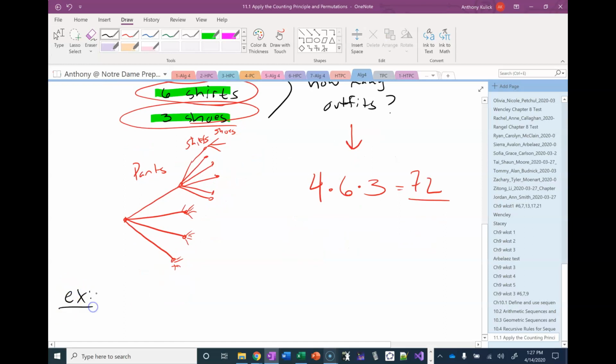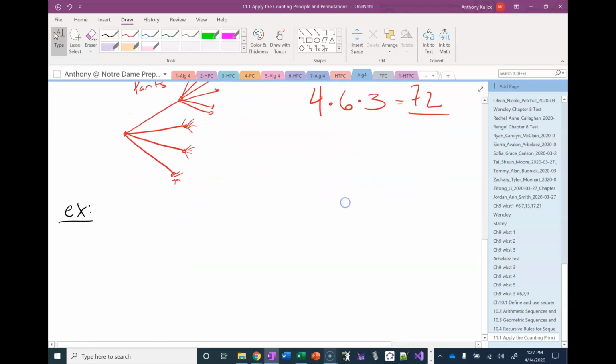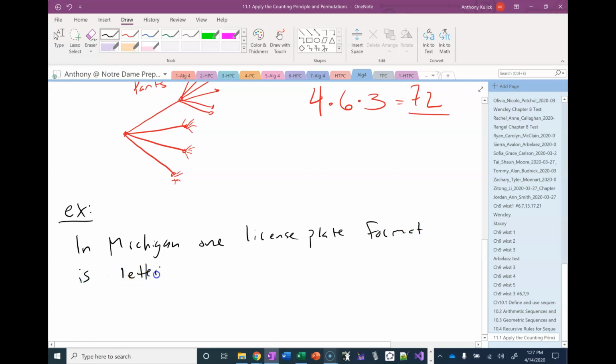Another common situation that we'll ask you about is the number of different license plates. So in Michigan, where we live, one license plate format that we have is 3 letters followed by 3 numbers. 3 letters followed by 3 numbers.